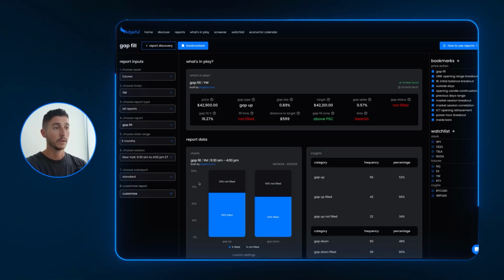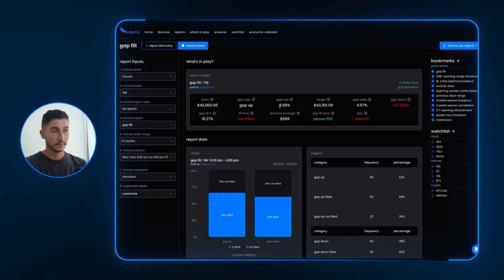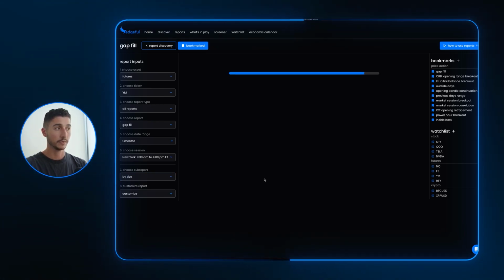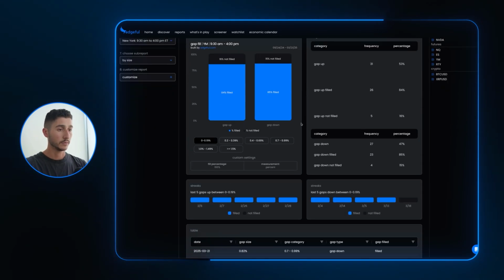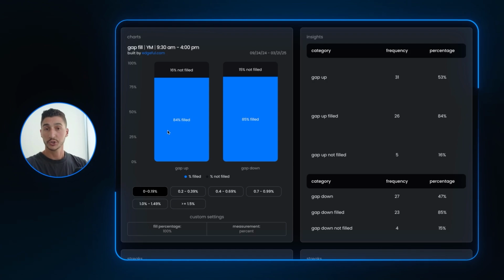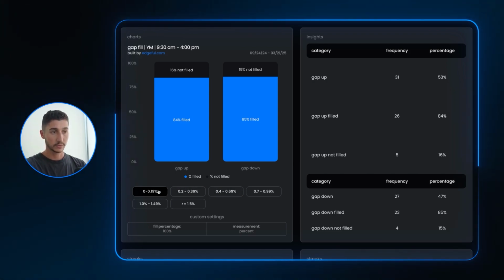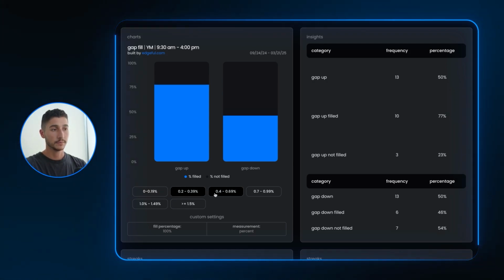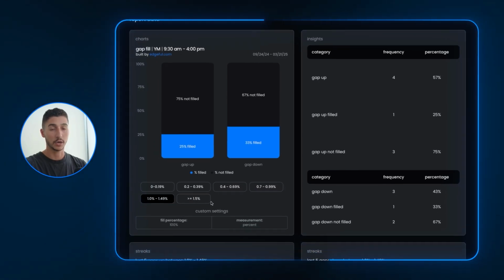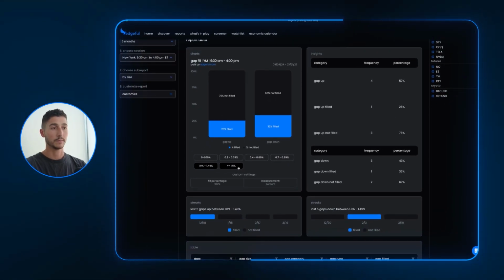So you can see here that the gap size is pretty big. So what we're going to do is we're going to go to the gap size right over here. And I'm just going to show you quickly, I'm going to go through these quickly, and I'm going to show you how the gaps fill less and less often as the gaps get bigger.